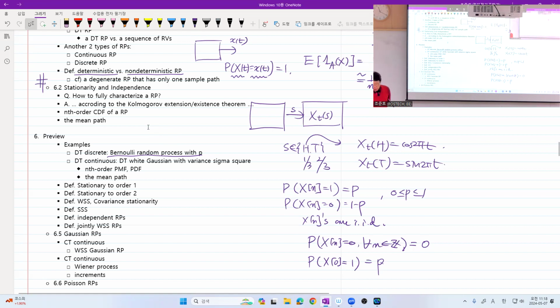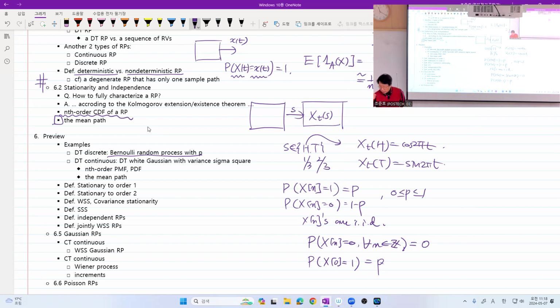Anyway, naturally, Kolmogorov's theorem requires us to define the first order CDF of a random process, second order, third order, any finite nth order joint CDF. The last topic of the previous class meeting was the mean path.